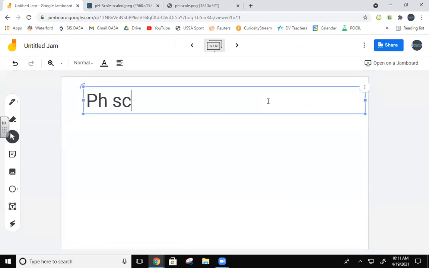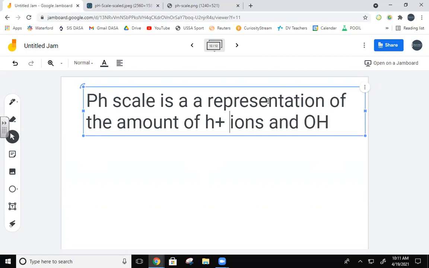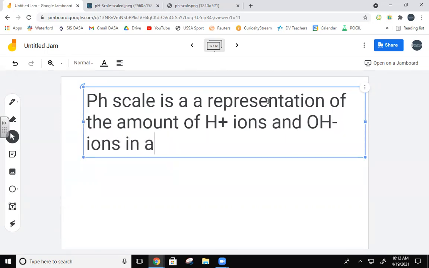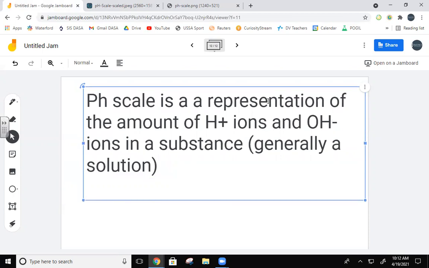So the pH scale is a representation of the amount of H plus ions and OH minus ions in a substance, generally a solution. H plus ions, OH minus ions.